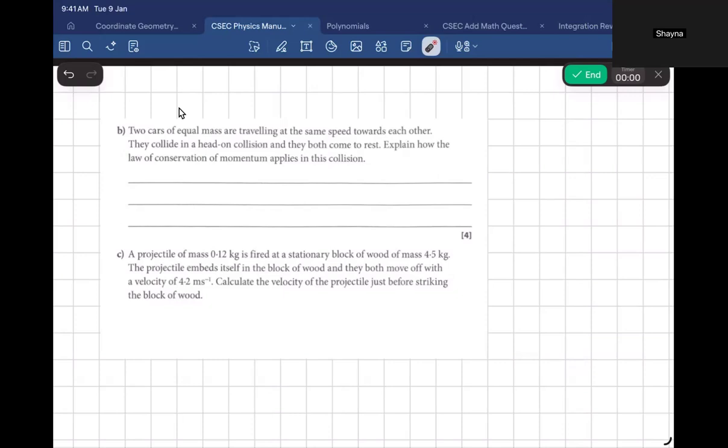This sounds correct, but I feel like you had to explain it a little better. So these two cars have the same mass and they're traveling at the same speed towards each other. If it's towards each other, that means they're going in opposite directions, right? Yes.